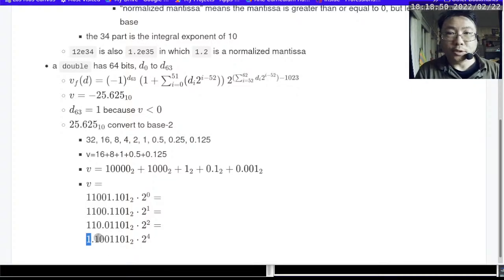Well, the first thing is, we need to figure out which one is representing this one over here, the one that is highlighted. That is 2 to the power of -1. So if it's 2 to the power of -1, we just have to ask the question, how can I minus 52 become -1? Well, it's algebra, so we want 51 equals I minus 52.